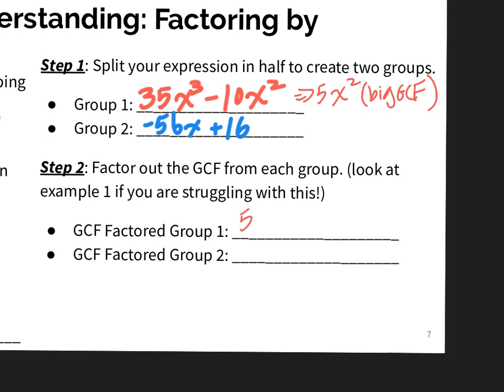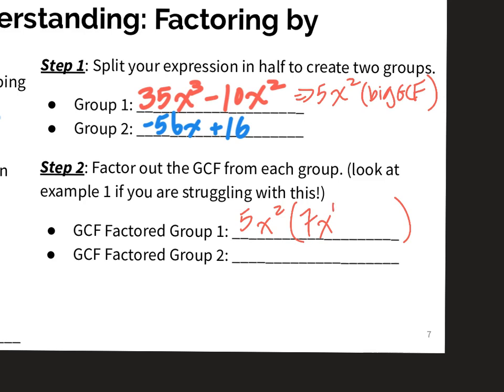So I'm going to write 5x squared parentheses, and what goes inside is that divided out expression when I divide out my big GCF. So 35x to the third power divided by 5x squared. So 35 divided by 5 is 7. X to the third power divided by x squared is going to be 3 x's, take away 2 x's, you're left with 1x, right?